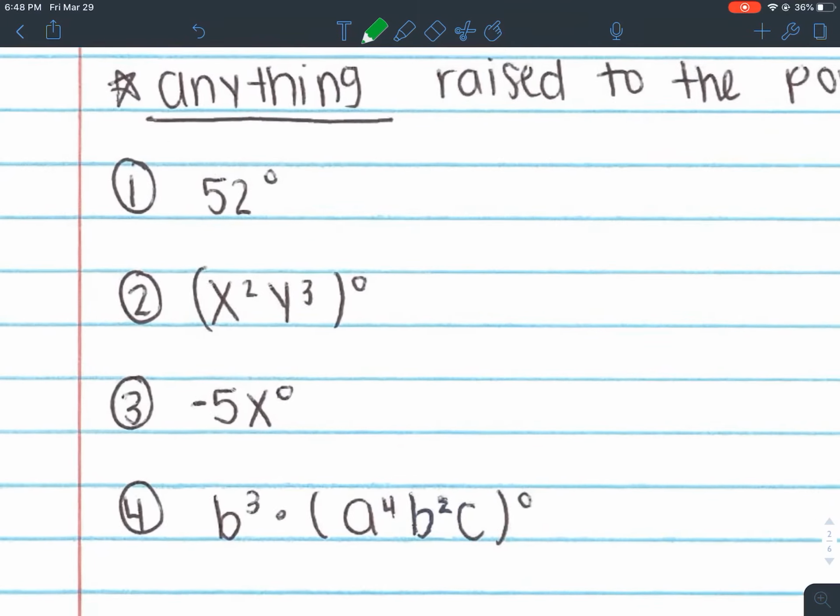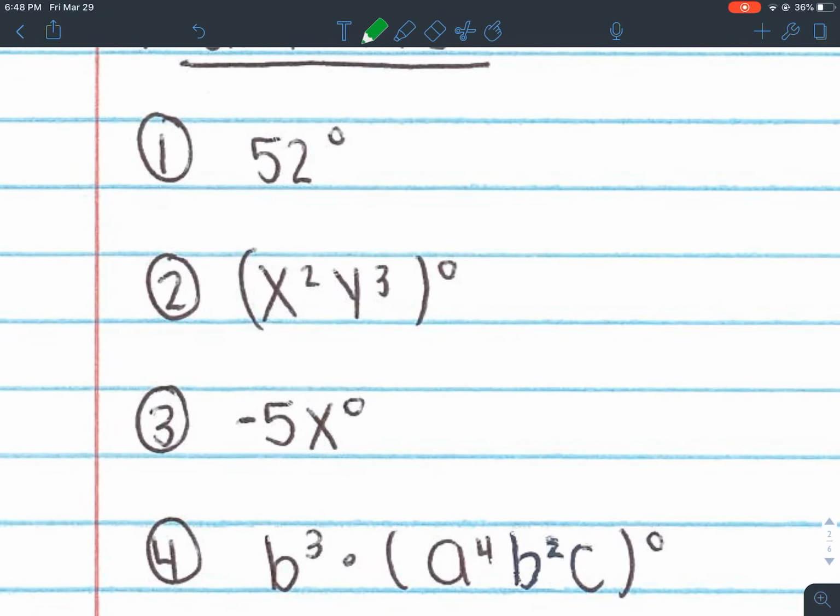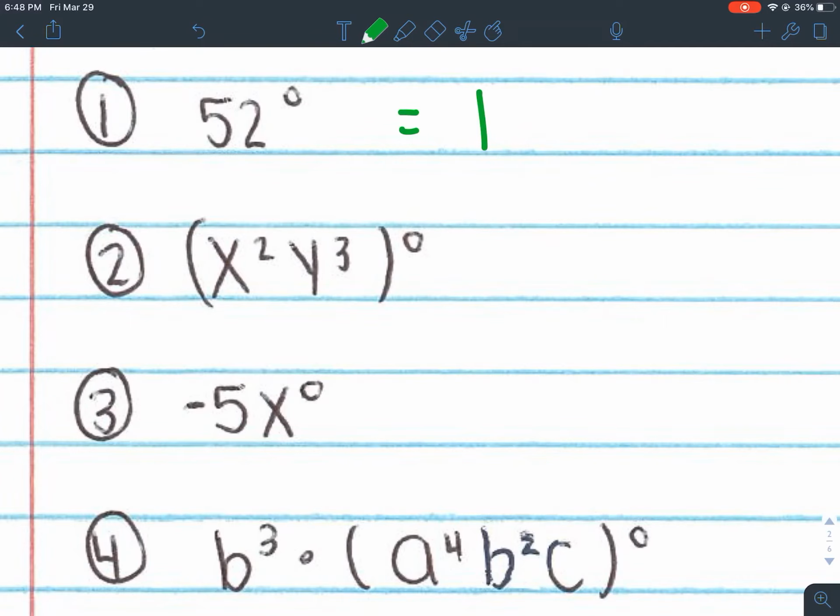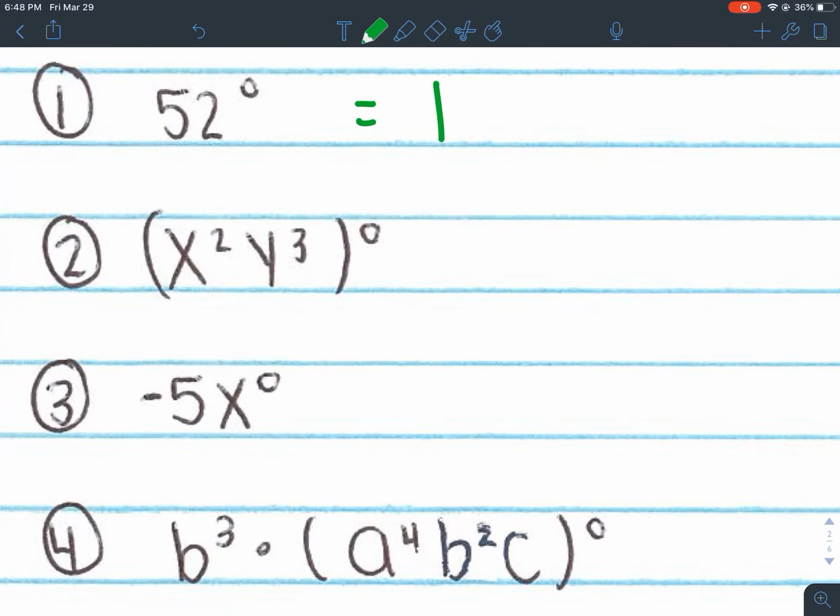All right? Now let's do some examples. We have 52 to the power of 0. Again, just going to be 1. Now number 2, if you see it right away and you know it's 1, awesome. I'm going to show you the work to get that. So I have a parenthesis, so I'm going to distribute my 0 to both things on the inside. I'm going to do it to the first one. I have x, and then I need to do 2 times 0, which is 0.